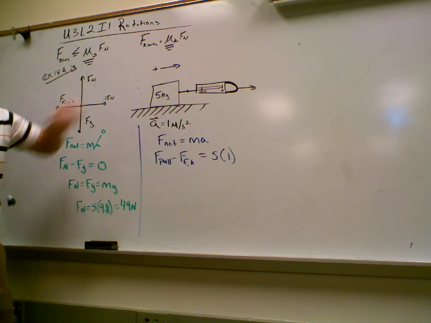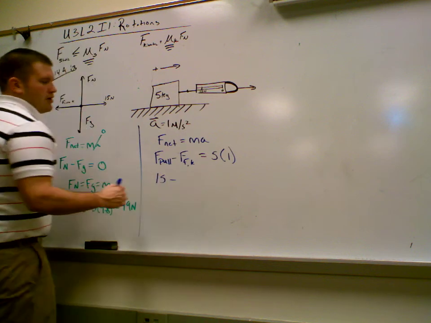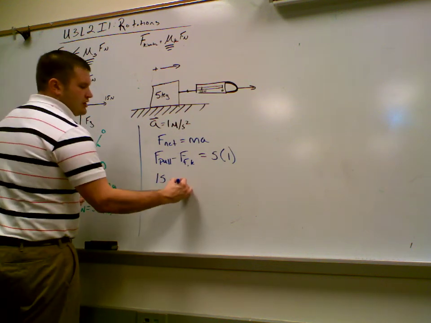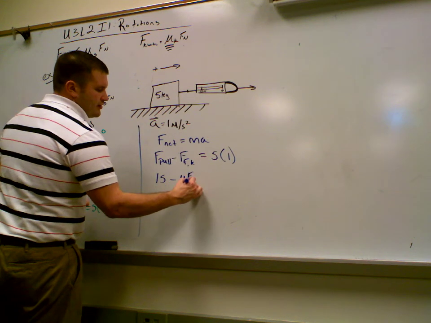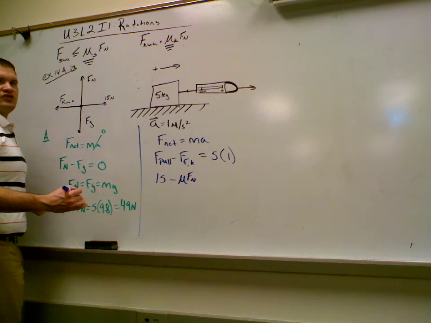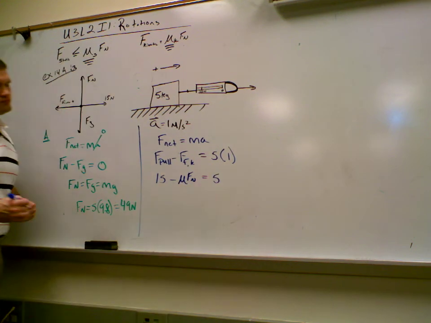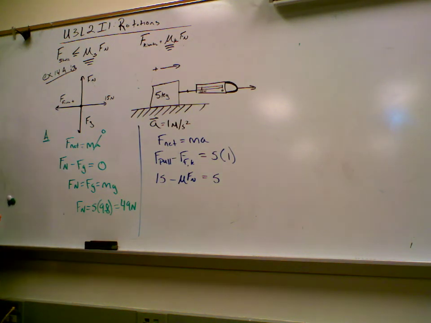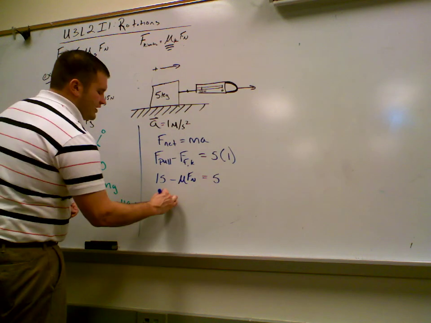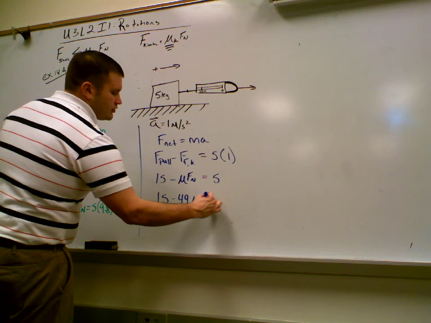The pull, they said, was 15 newtons. Force friction is mu k Fn, because kinetic friction equals mu k times Fn. We know Fn is what? 49. So we have 15 minus 49 mu equals 5.